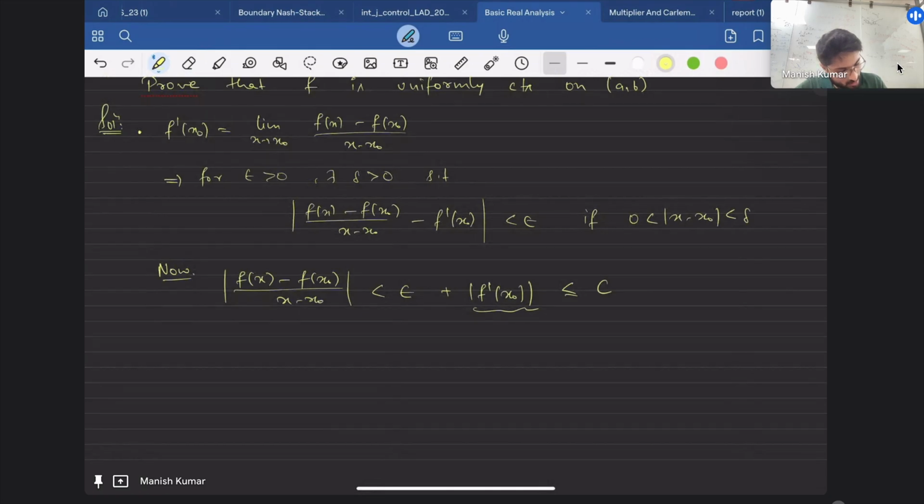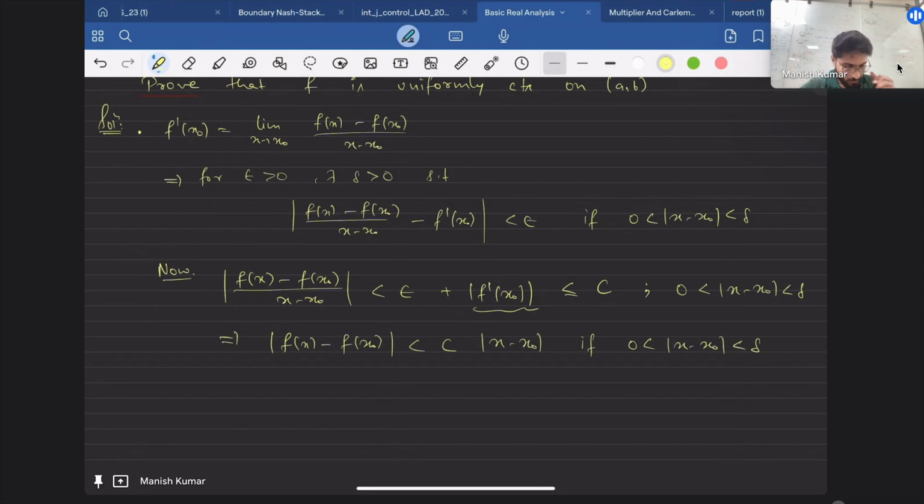Okay, so over here the restriction is 0 less than |x minus x naught|. But using this you won't be able to conclude, right? So from here you can say |f of x minus f of x naught| is less than c times |x minus x naught| if 0 is less than |x minus x naught| less than delta, right?